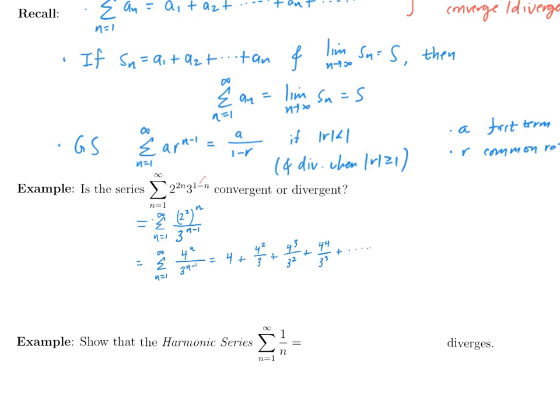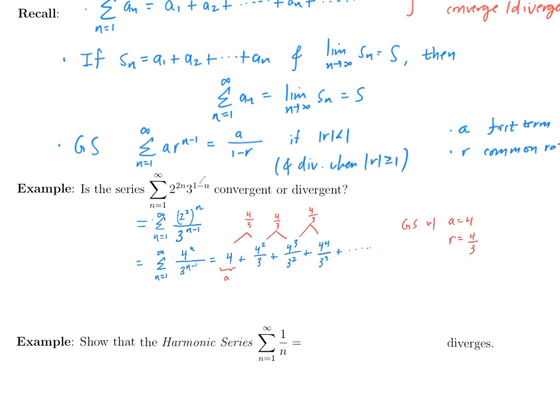Note, to get from one term to the next, at each step we're multiplying by 4/3. And our first term is 4. So this is a geometric series with a equals 4 and r equal to 4/3.